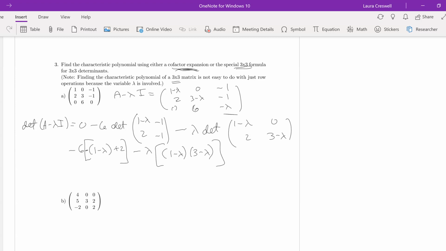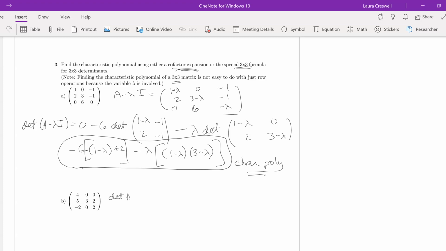And there you go. So that's my characteristic polynomial. This would give me a cubic equation. I'm never going to ask you to find the cubic or solve the cubic equation. So this characteristic polynomial is what you'll be asked to find if you're going to get cubics, which you do in this case. All right, how about we do the 3 by 3 trick on this one?